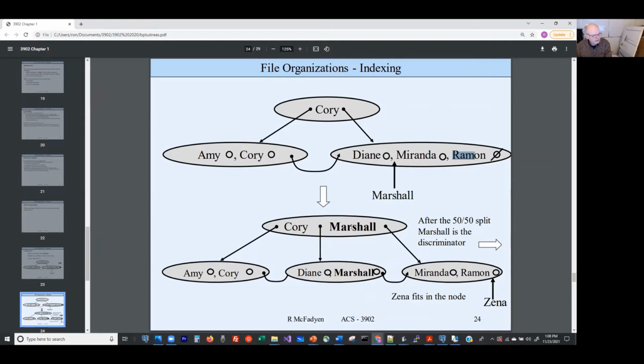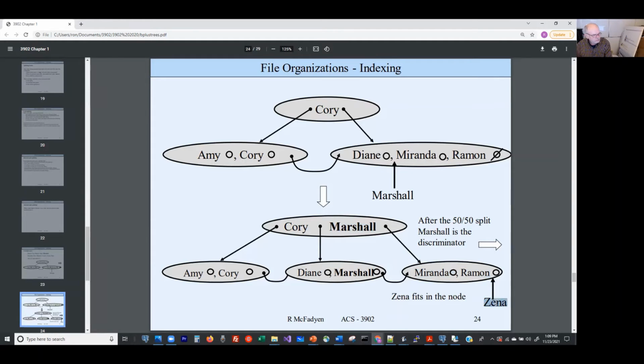Up above, we have included Marshall as a discriminator. And to the left of Marshall, we have this reference to the original leaf node that's split. And a reference to that new one is the pointer just to the right of Marshall. And again, we have a well-ordered B+ tree.